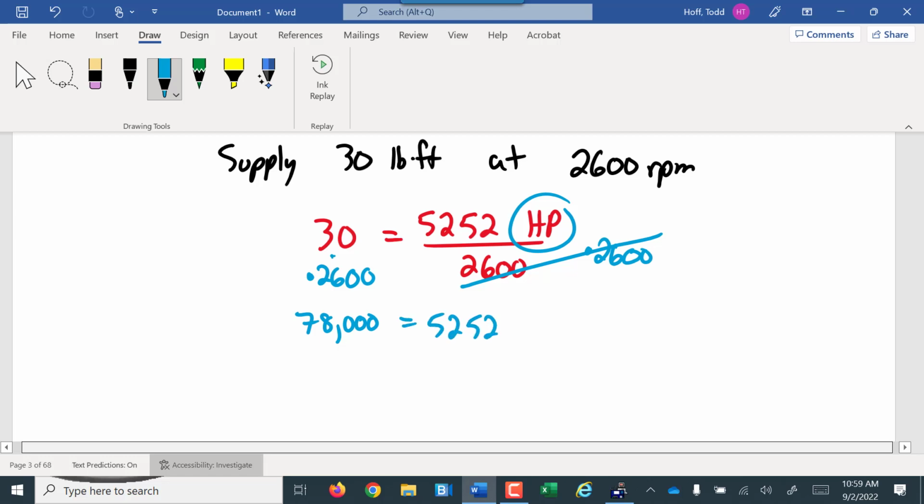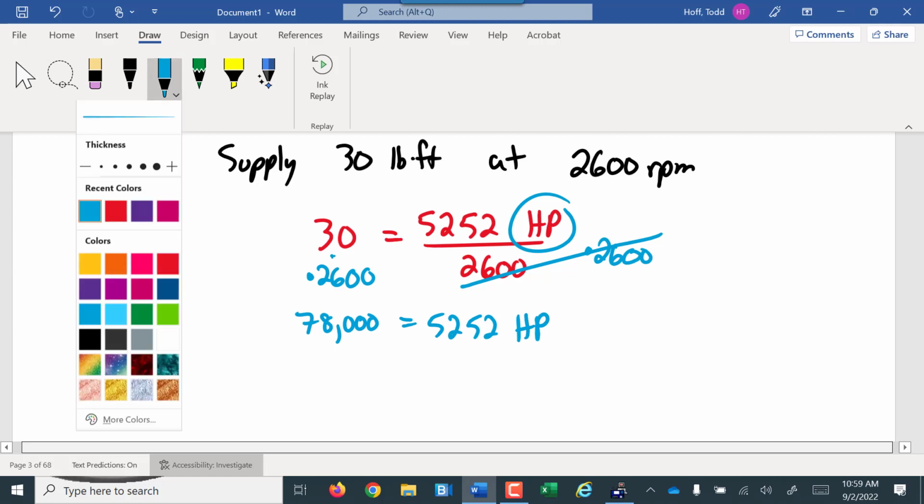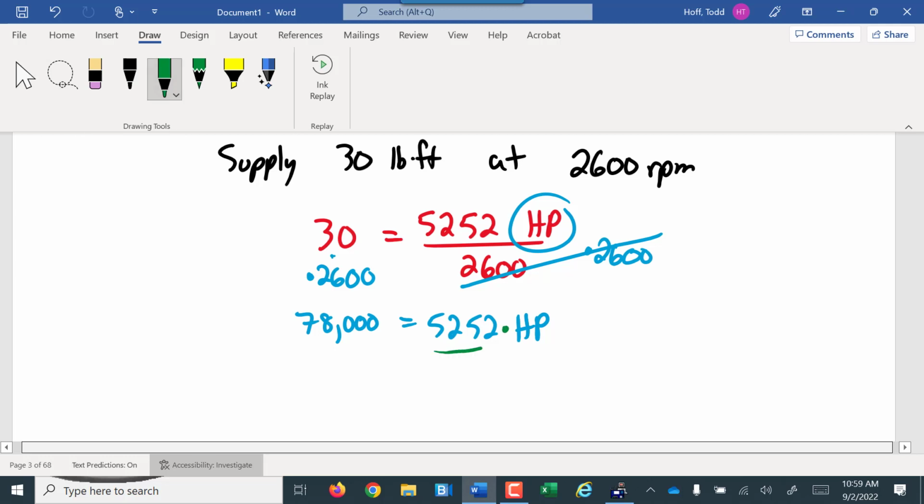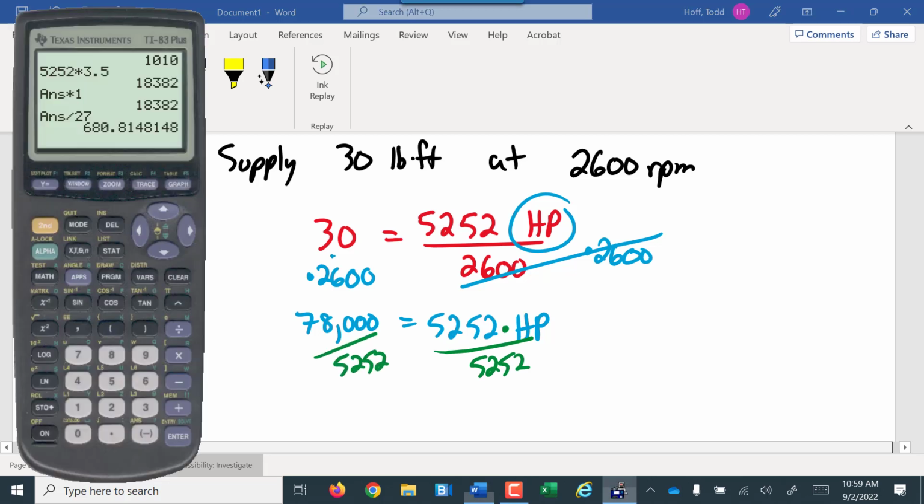Equals the 5252 times the horsepower. We got rid of the 2,600. Now we just have to get rid of the 5252 by doing what? Yeah, it multiplies the horsepower, so we divide. So 78,000 divided by 5252, giving us 14.85 horsepower.